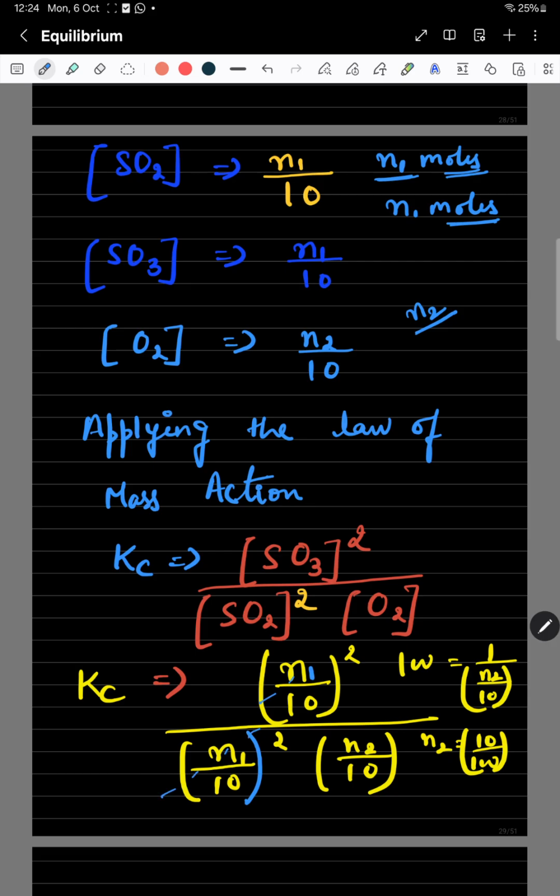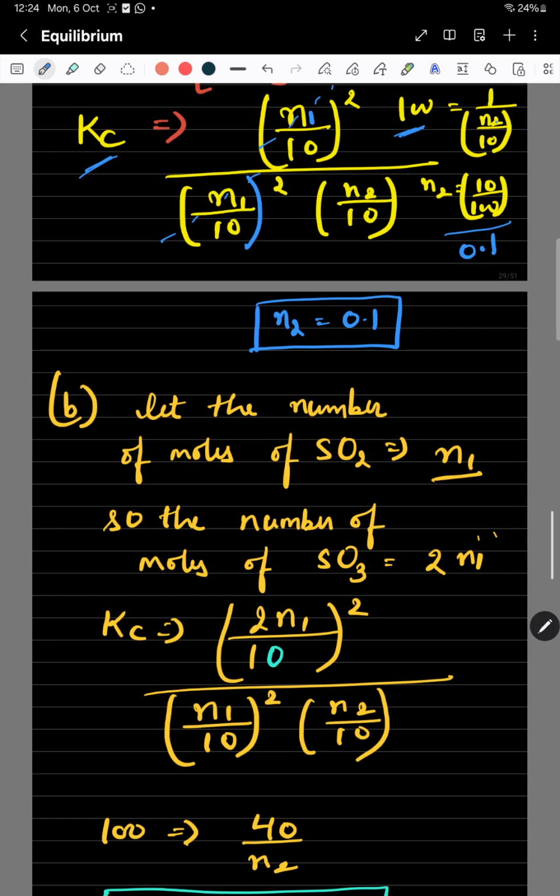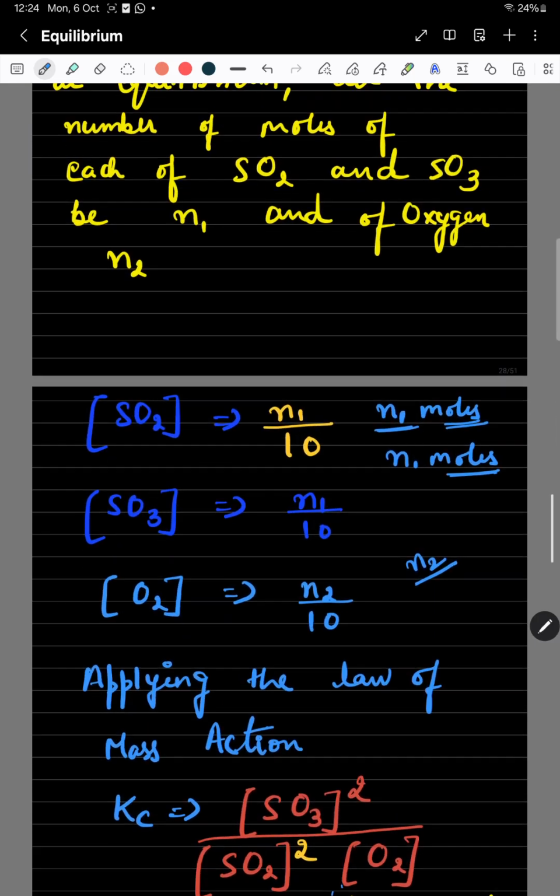So these would cancel each other. Here you have Kc value 100 equals 1 upon N2 by 10. So N2 value you have calculated: this is 0.1. N2 is the number of moles of oxygen gas, so 0.1 moles of oxygen are present. Clear to you?